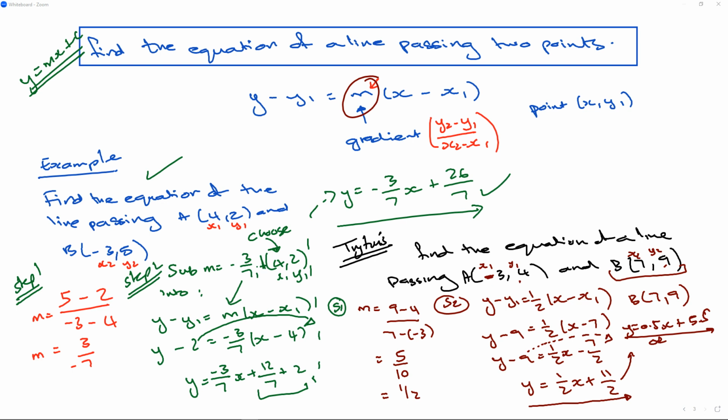All right, let's check. If I substitute the a value, I should get exactly the same equation, but let's make sure. Here we go. Let's test this.